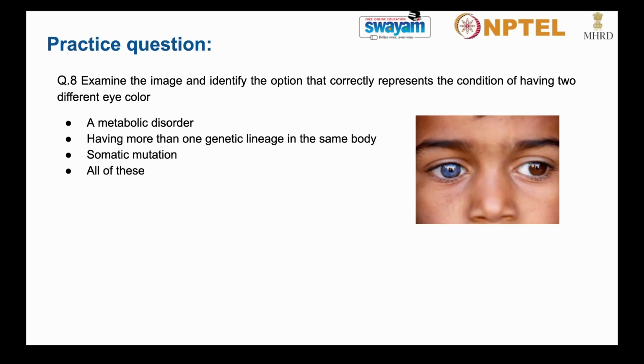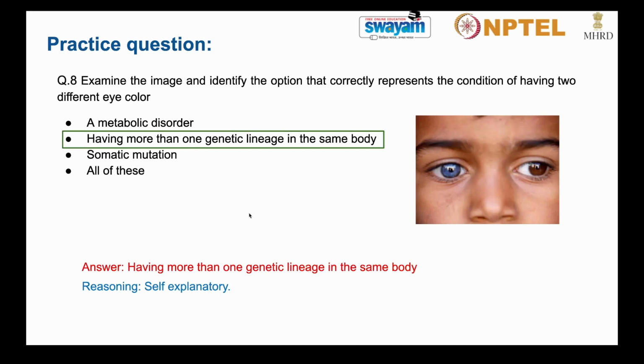Okay, no problem. As per the assignment, the correct answer was option 2, that is having more than one genetic lineage in the same body. It is a condition which represents two different eye colors. We cannot call it a disease. It is a condition known as heterochromia, meaning two different eye colors exist.